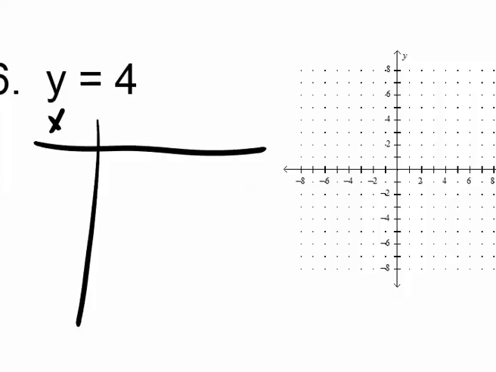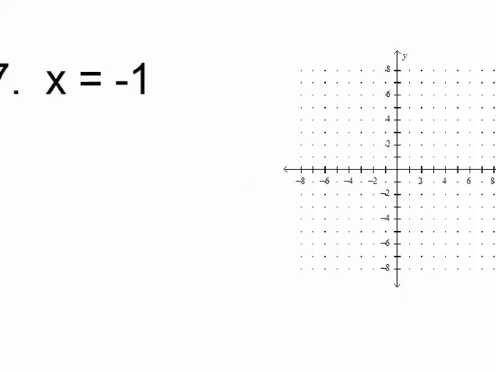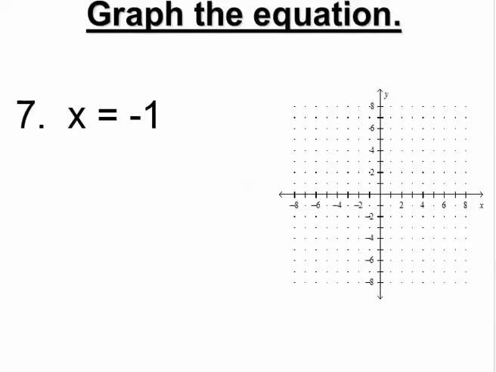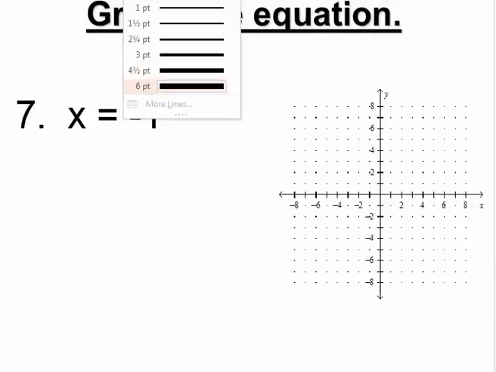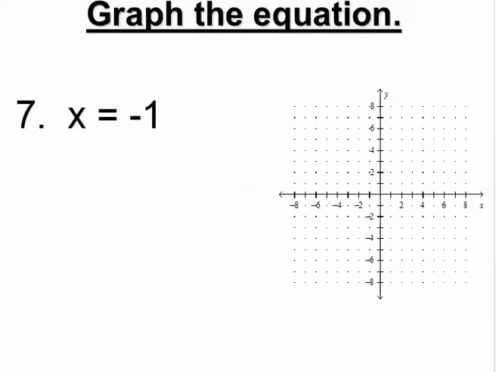That means y is always 4 no matter what x is, and that's all we have right there. x is equal to negative 1, so that means x is negative 1. We go over here, and that's going to be a straight line up and down.